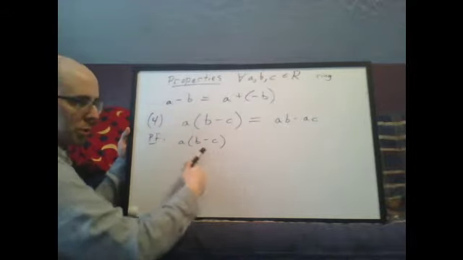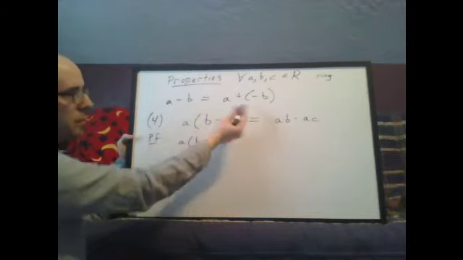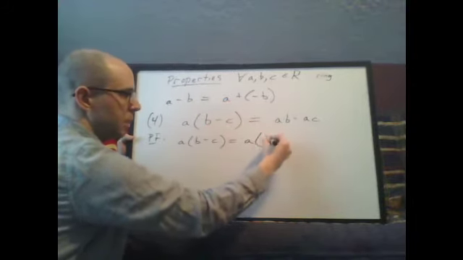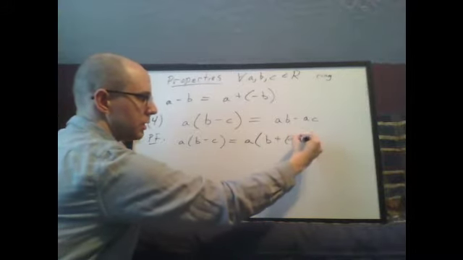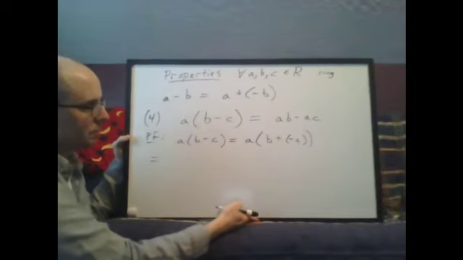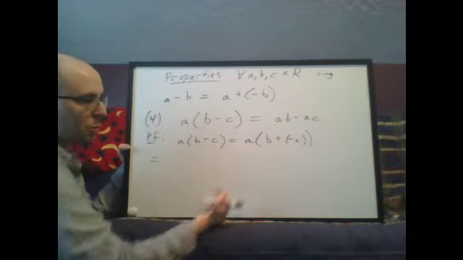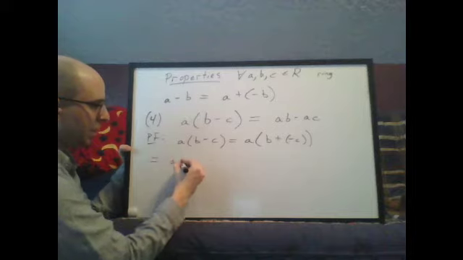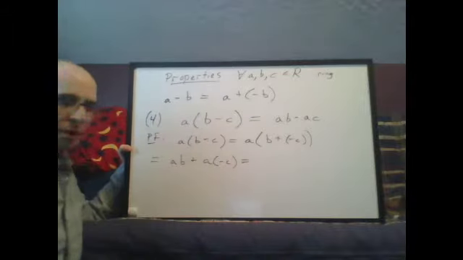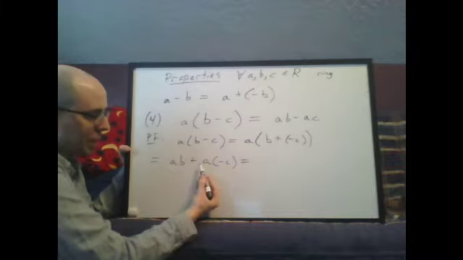Start on the left side and we'll turn it into the right side. So A times (B minus C). Well, B minus C, by the definition of subtraction, is B plus negative C. So this is A times (B plus negative C). Now we've turned our subtraction into an addition, and we know that distribution works over addition. So we write AB plus A times negative C. By property 2, I guess it was, we can manipulate this minus sign and put it out in front of the product.